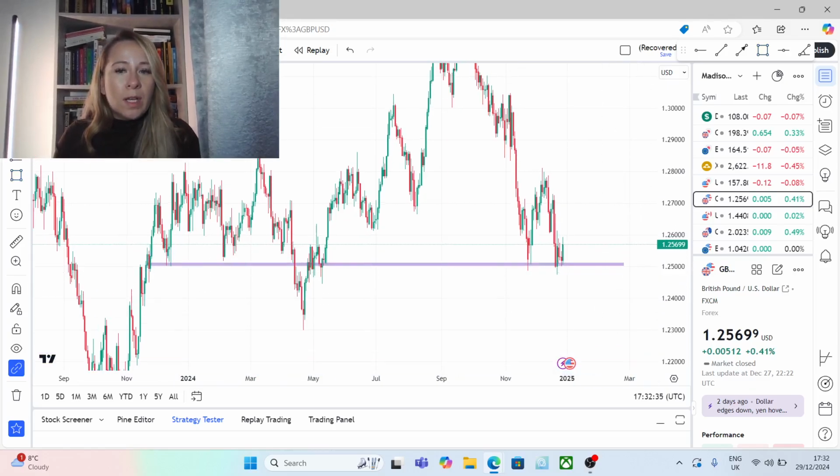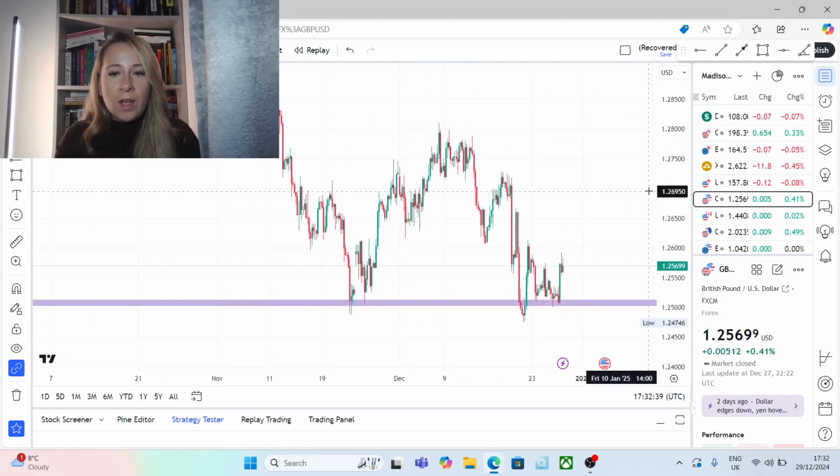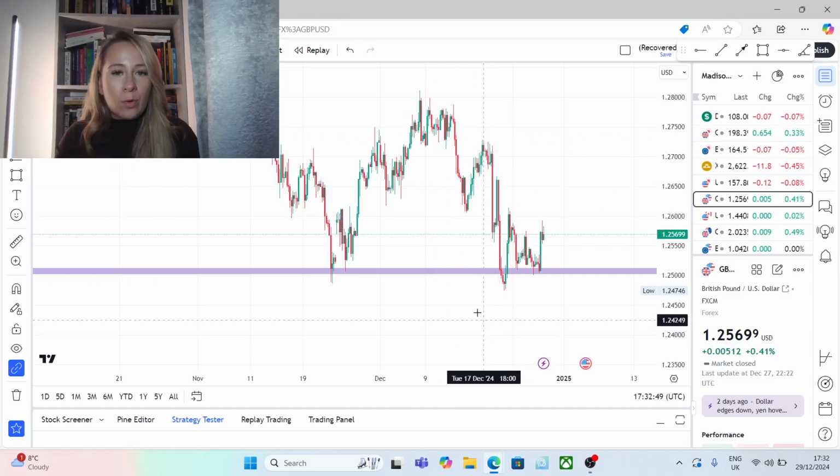What I was looking at over here was we did have an inverse head and shoulders formation, but as you can see, price said not today, Satan, and fell all the way back down.